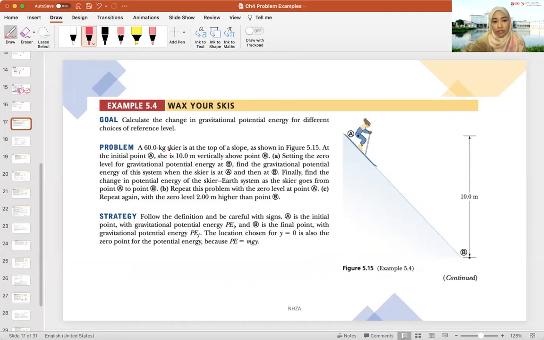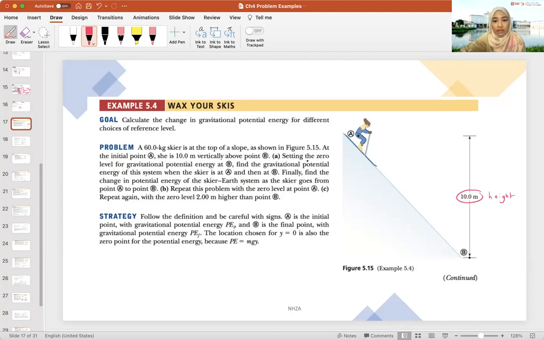So a 60 kilogram skier is at the top of the slope. Now she is at point A. At initial point A, she is 10 meter vertically above point B. So this is point B, but the question is saying 10 meter vertically above. So we are talking about height here.